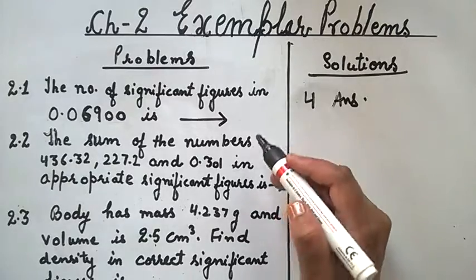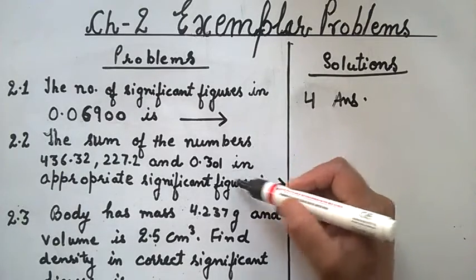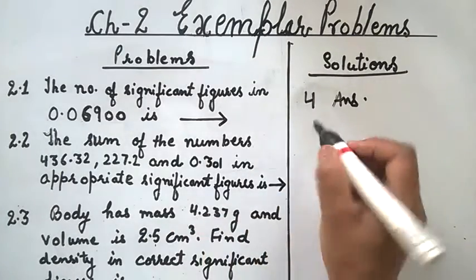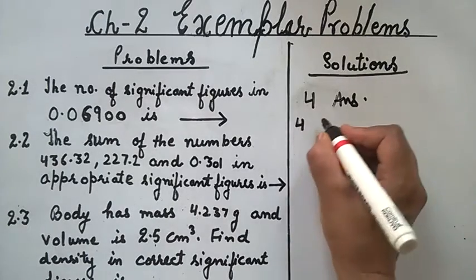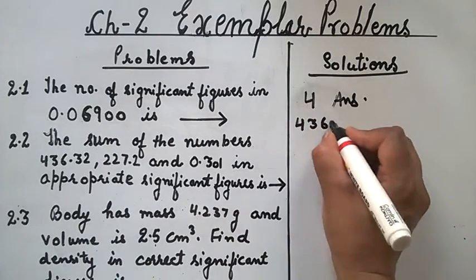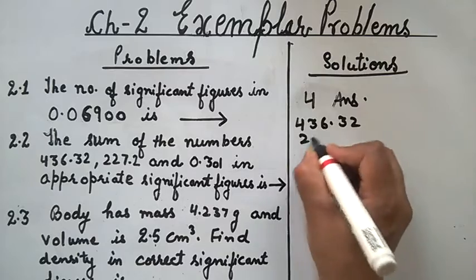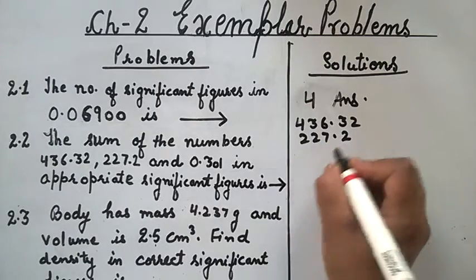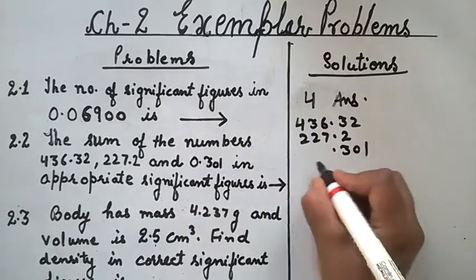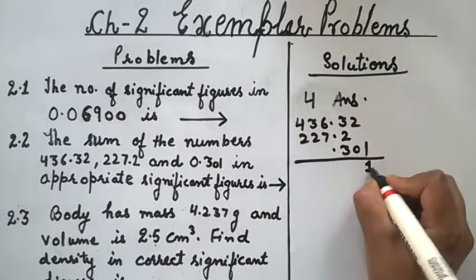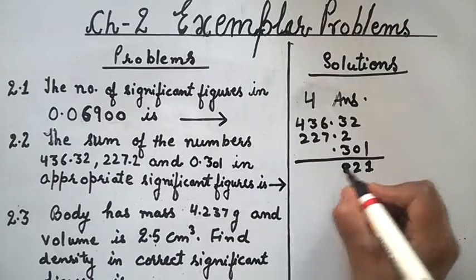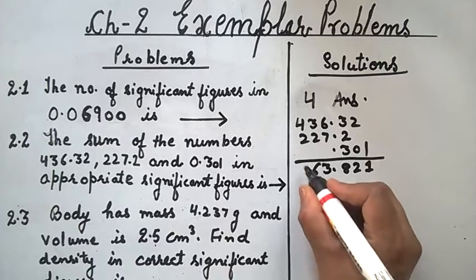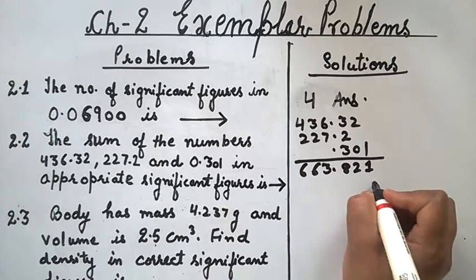Now 2.2, the sum of the numbers in appropriate significant figures is. So let's add the numbers 436.32, 227.2, 0.301. Here it is equal to 663.821.